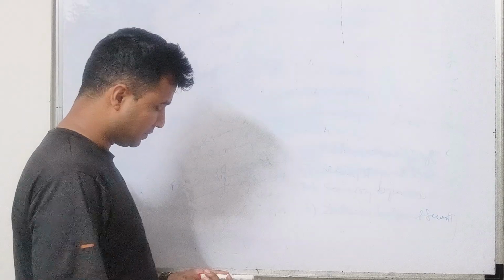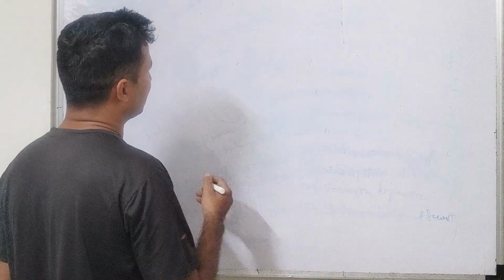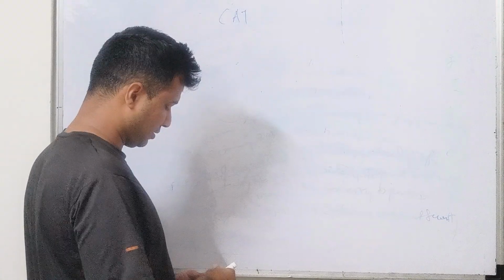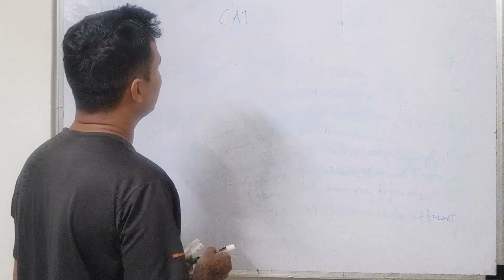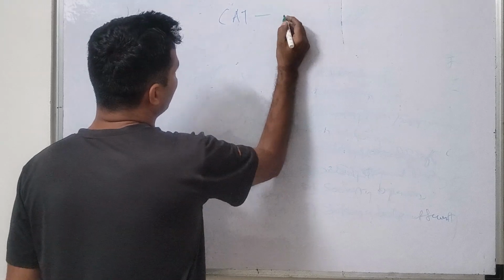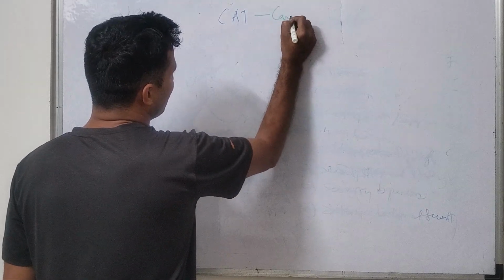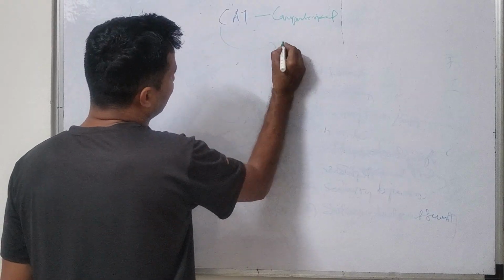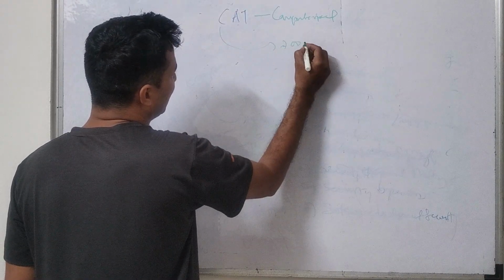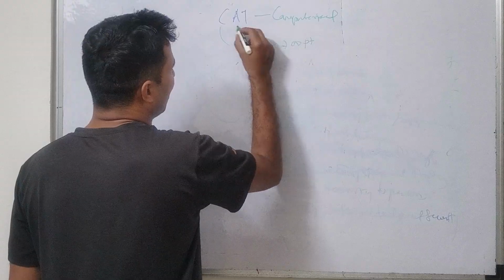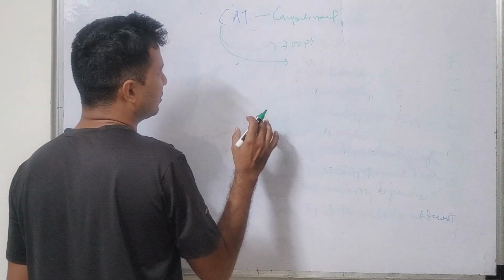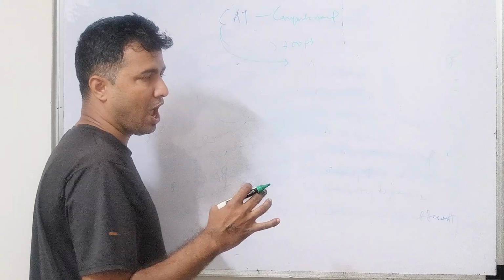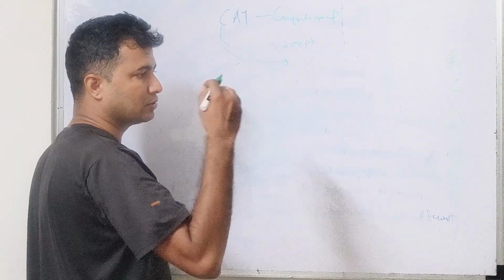About the CISSP exam, it is a CAT test. CAT means computerized assessment test. For passing, we need to earn 700 points, and the questions are going to change as per your solutions.